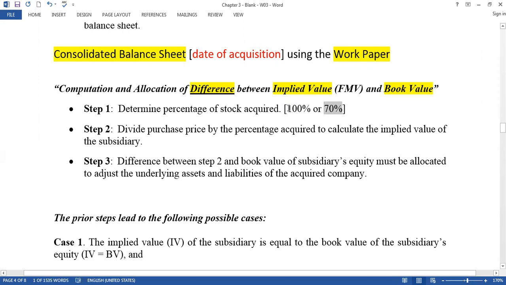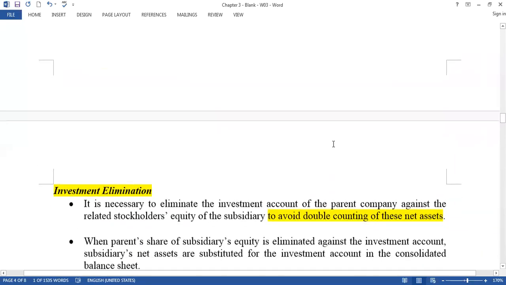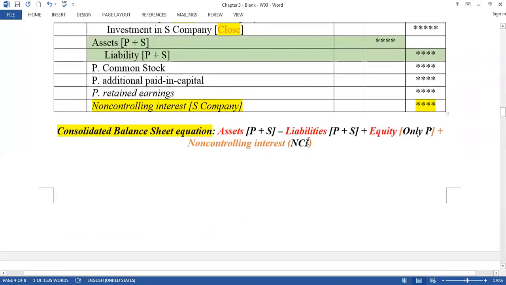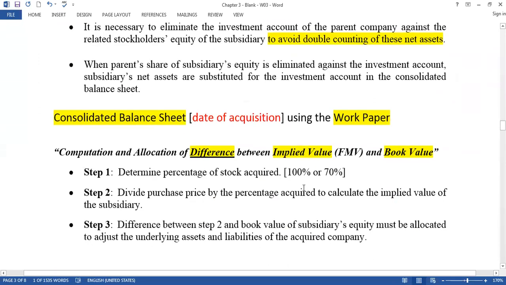It is very, very important to find out this information, because if it is less than 100%, then we will have NCI. Can you remember this NCI, non-controlling interest? So to establish non-controlling interest, we have to find out whether we acquired 100% or 70%. So this is important. Read the question, find the number.